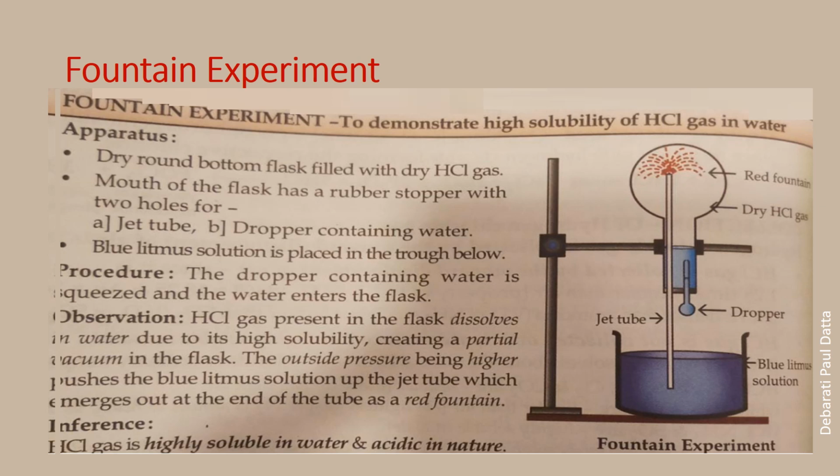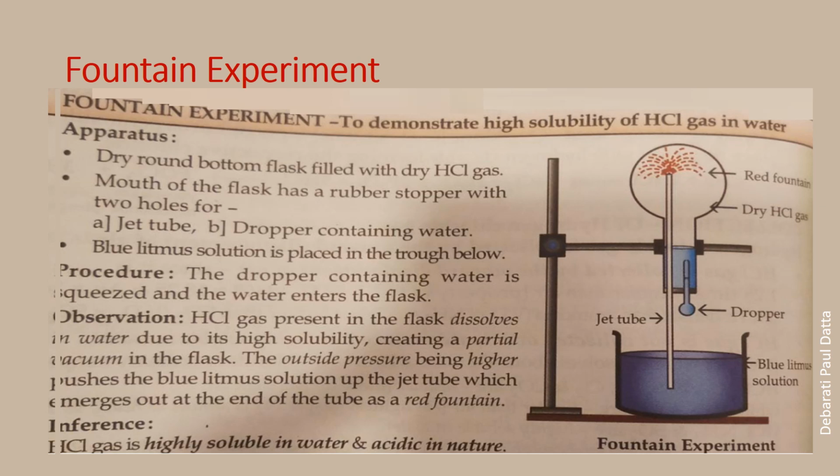So what happens? They create a partial vacuum in the flask. Now, as we know, no place can remain a vacuum. So the outside pressure being higher pushes the liquid up the jet tube, and it enters the round bottom flask as a red fountain.